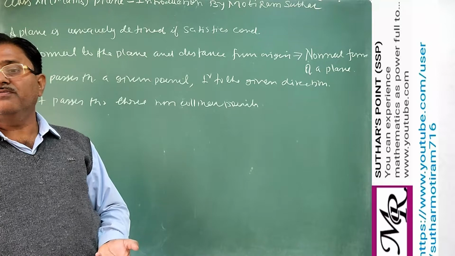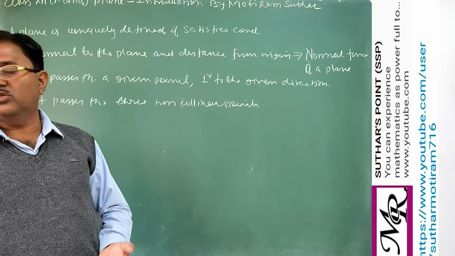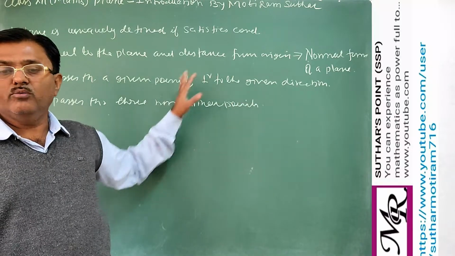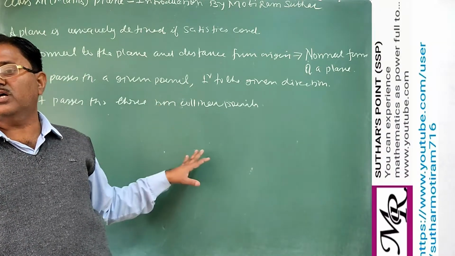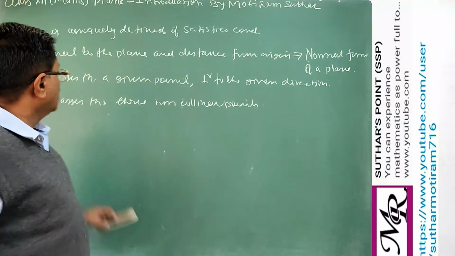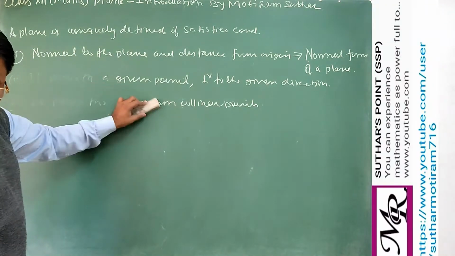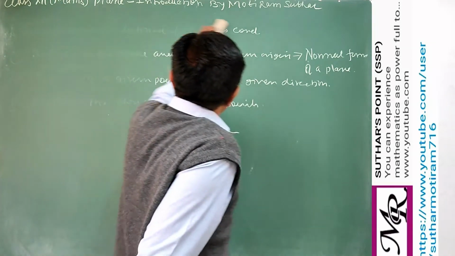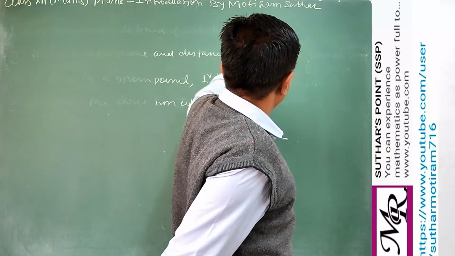That's why I say if three non-collinear points are given in the plane, then we can also find the equation. So one by one we have to see the equations. Clear?